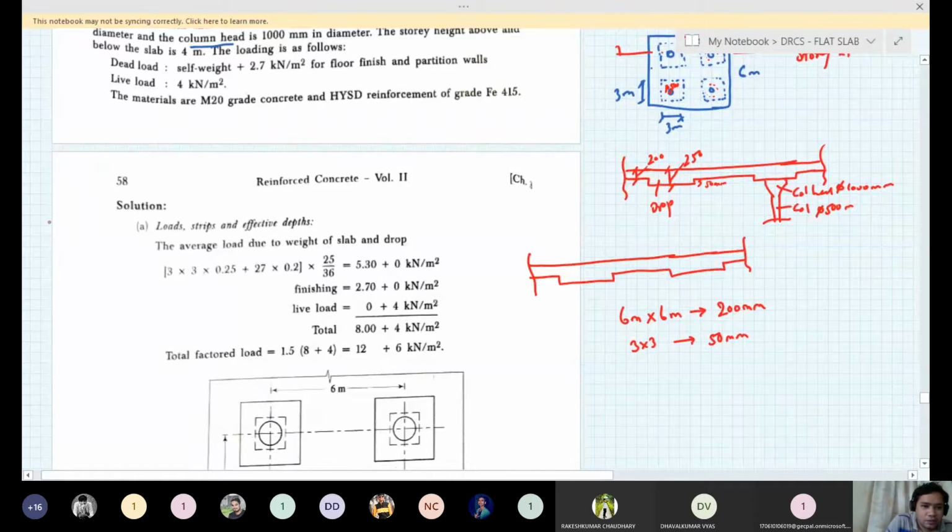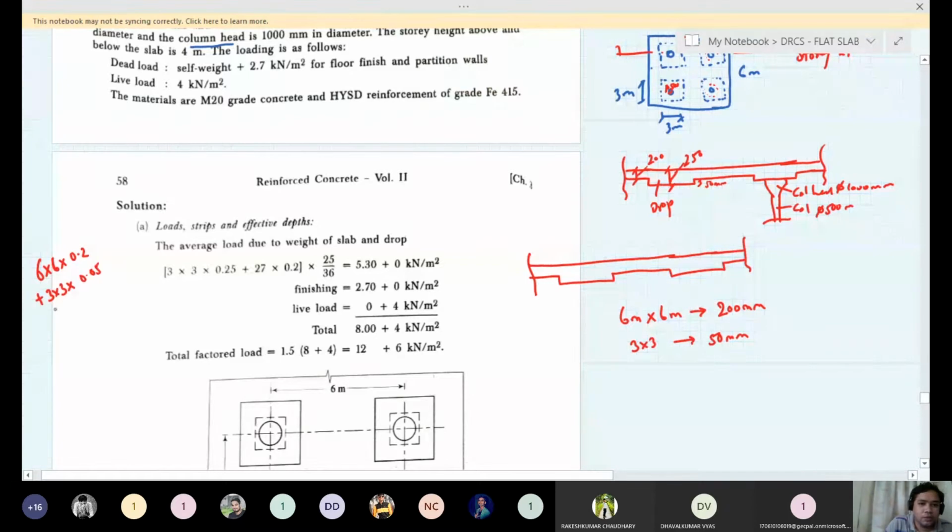You have 6 into 6 into 0.2 plus 3 into 3 into 0.05.